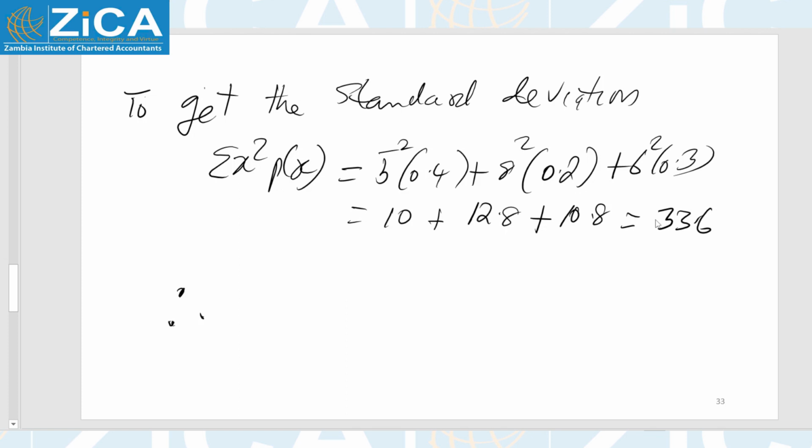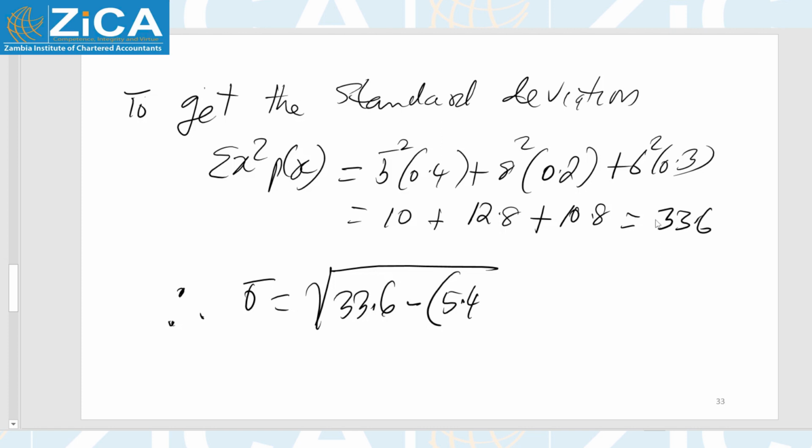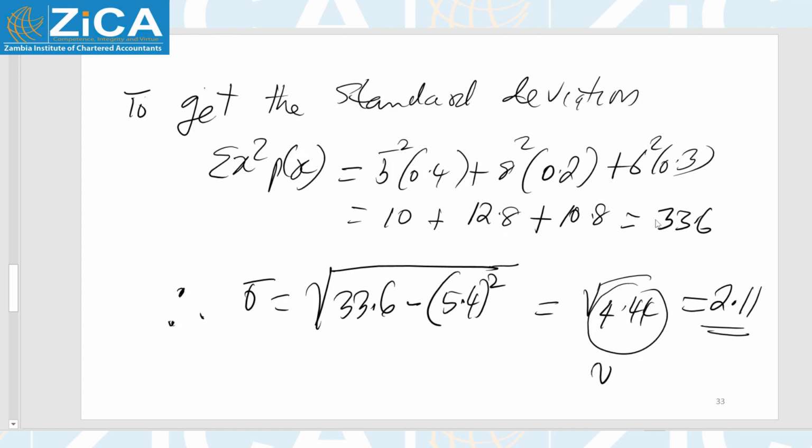Therefore, the standard deviation will be equal to the square root of 33.6 minus 5.4 squared, and this will be equal to the square root of 4.44, which will be equal to 2.11. This will be the standard deviation, and this value inside here is the variance, or sigma squared.